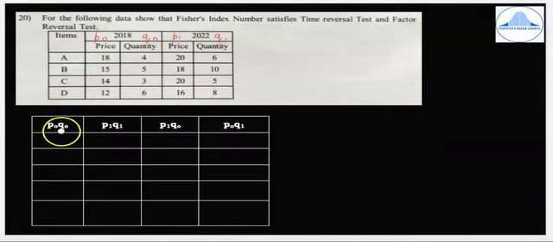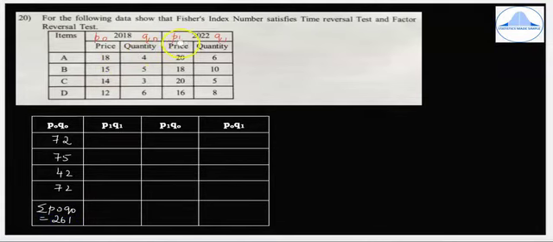So let us find out P0 Q0. That means 18 into 4, so you will get 72. Similarly, the next value is 75, 42 and 72. When you add up these P0 Q0 values, you'll get summation P0 Q0 is 261.